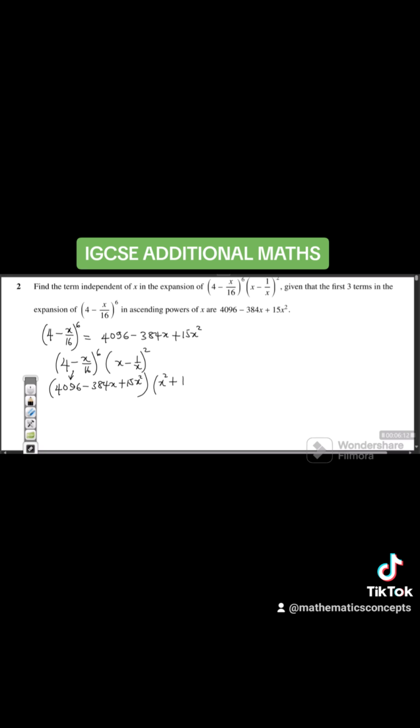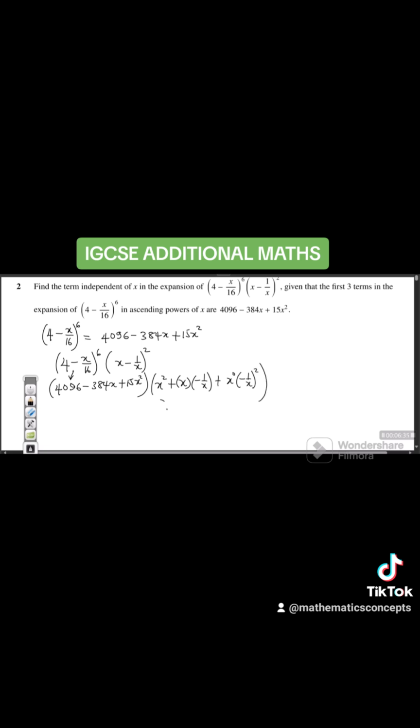Sorry, is it plus or minus? That is minus 1. Okay, let me just do it for the benefit of those that are just learning this aspect. What you're going to do is that this x will take the 2, this one takes nothing, plus x will take 1, then this comes, plus x will take nothing, and this takes 2.